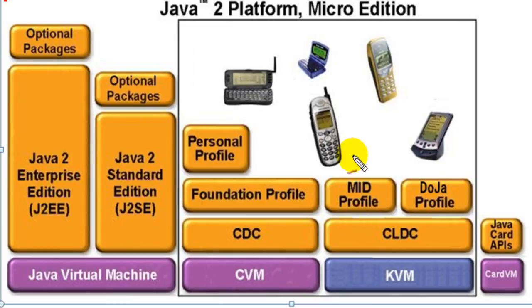To run J2EE or J2SE, we need a Java virtual machine, right? As we discussed in class about the JVM. But in case of J2ME, we can have either a KVM or CVM, depending upon what kind of devices you are running and whether you have CLDC or CDC based configurations. So basically we have a layered architecture.